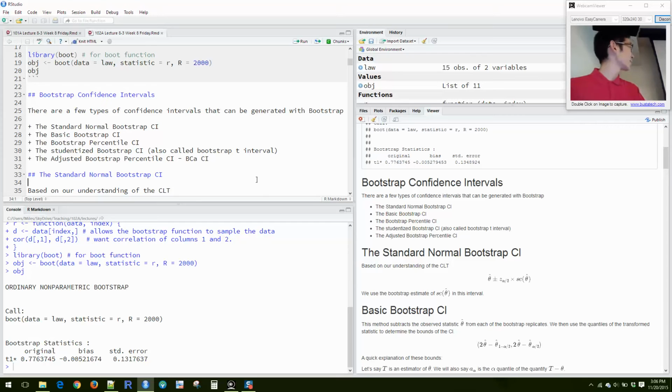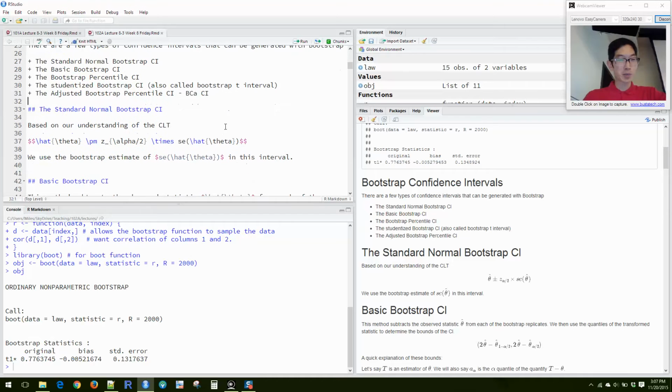We'll talk about each of these, and is one better than the other? This last one has, quote, the nicest theoretical properties, based on the works of other people, but we'll talk about these.